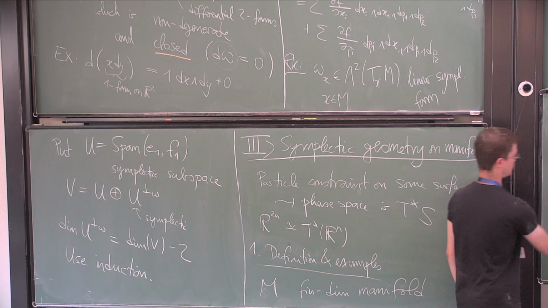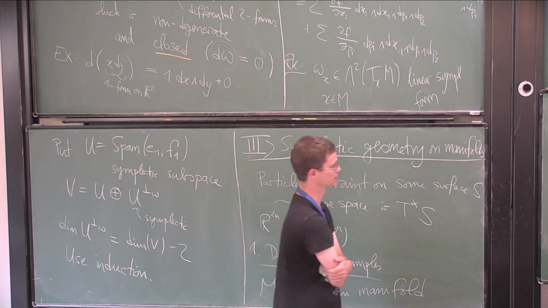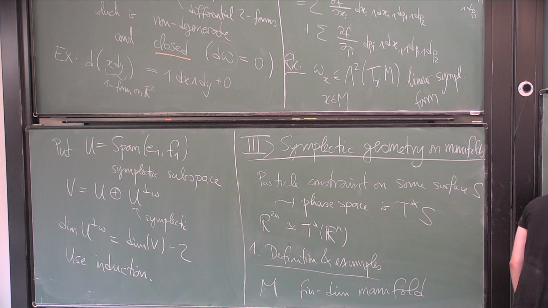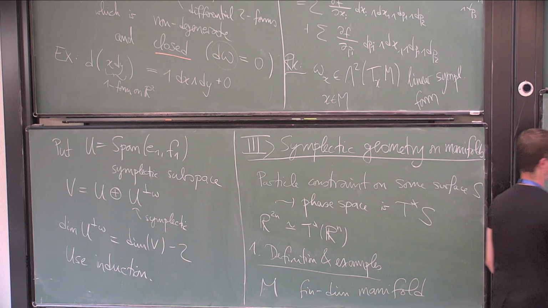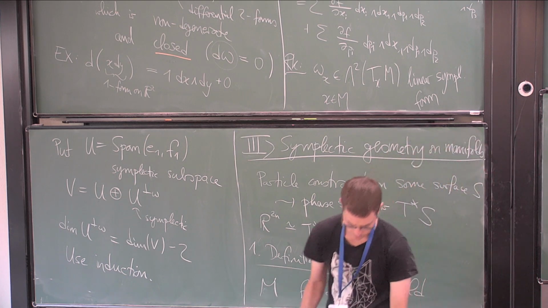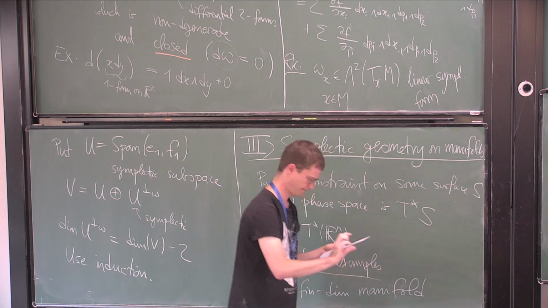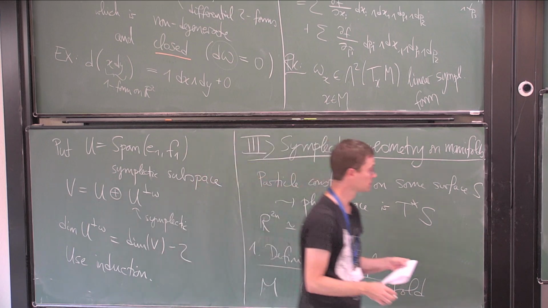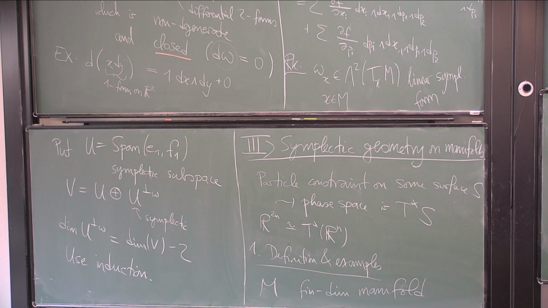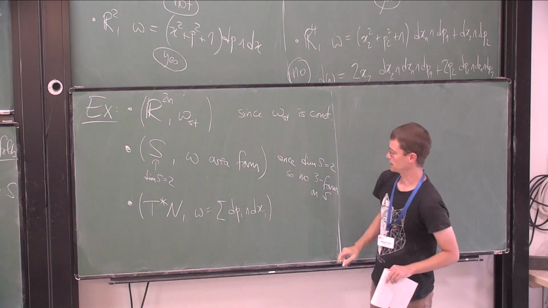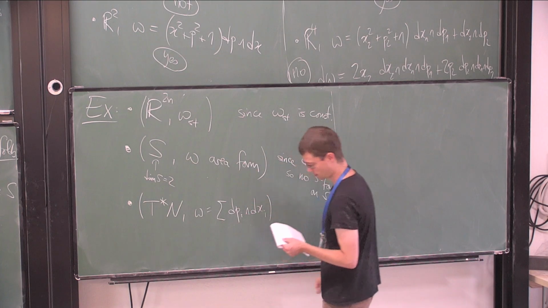Okay, and very important for physics, the third example is cotangent spaces, T star of n, for n any manifold. So I should maybe describe in a little bit more detail what the symplectic form is. What we would say is that omega is somehow dpi wedge dxi, but actually I should give a meaning to this object.